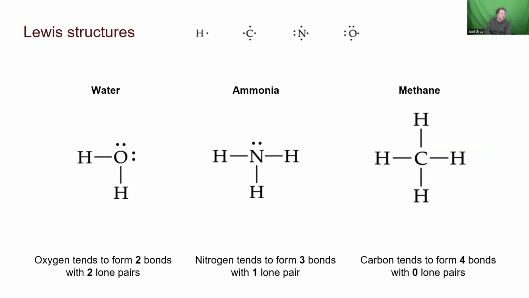Nitrogen, by comparison, tends to form three bonds and has one lone pair of electrons. And that's illustrated in the above picture of ammonia. Now, I apologize. Our names for these are water, ammonia, and methane. Those are these four different compounds.